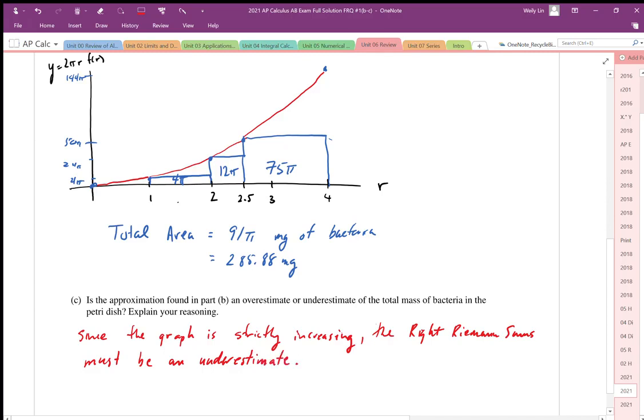Okay, and so we know that we can use this reasoning. We can really justify it with the picture, but we can also use this reasoning that because of the strictly increasing nature of this graph, we know that those bars must be below the curve.